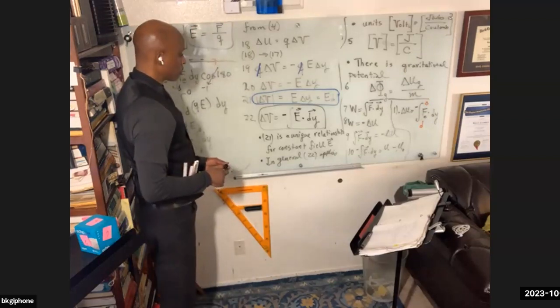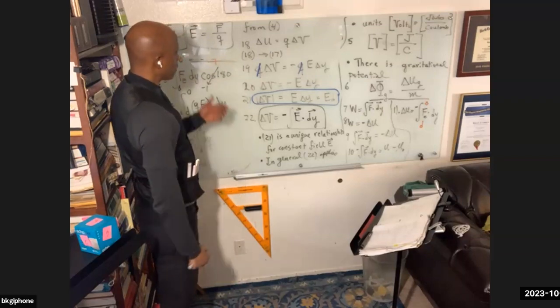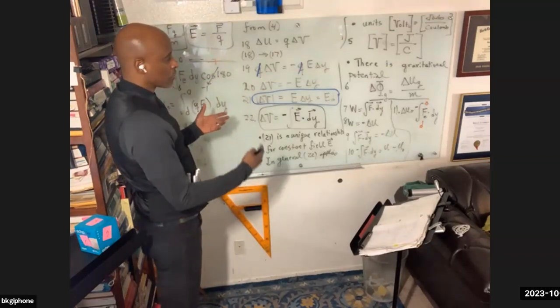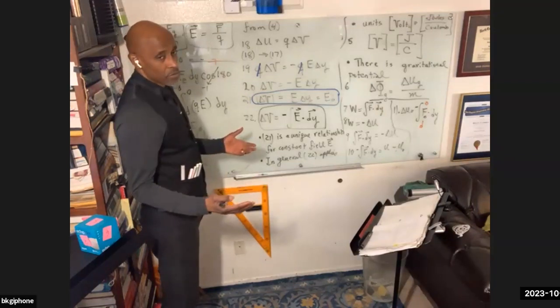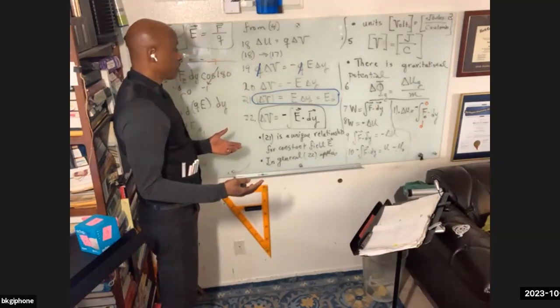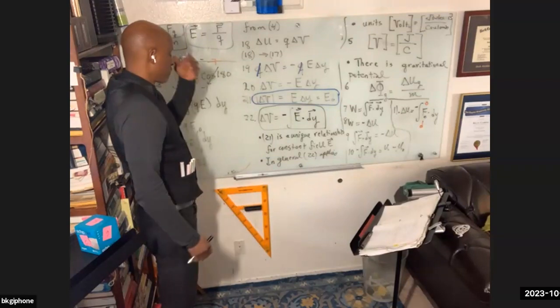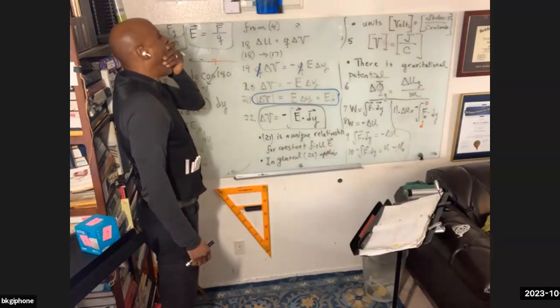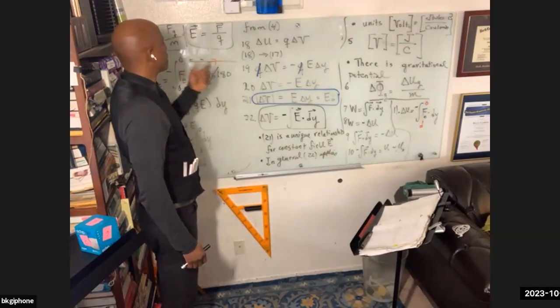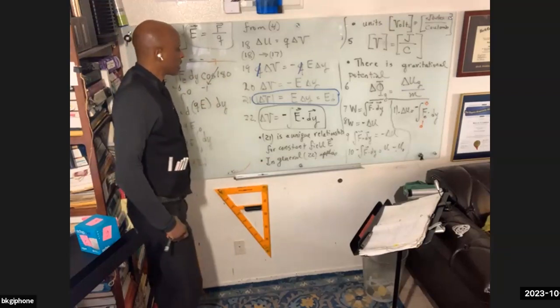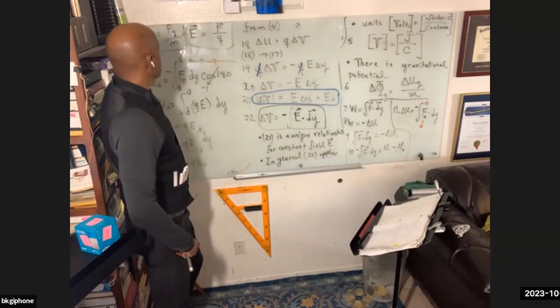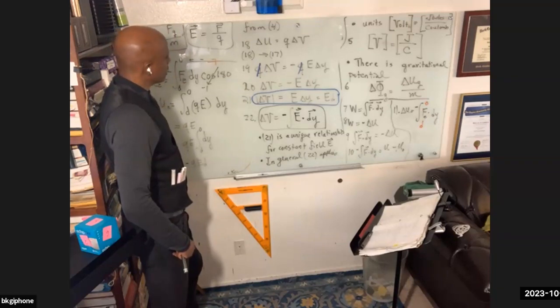As I told you, the other conservative field that we work with, the spring force, doesn't have a field. It has a potential energy, but we don't define it as having a field per se. So we don't have a relationship like that. Although I never thought about it, I guess you could define one. It might be associated with the spring constant. Let me see if I can figure that out.